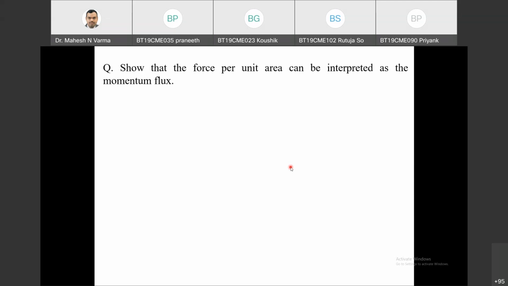Kg into meter per second square is force, Newton. That is mass into acceleration. Yes, sir. Okay, mass into acceleration is force. Force per unit area is a momentum flux.